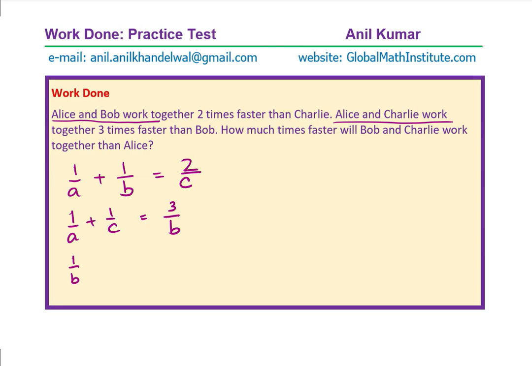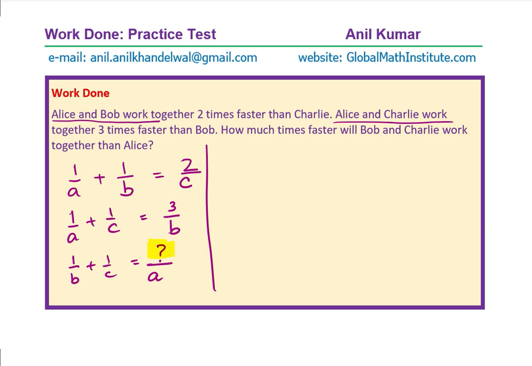So we really want to find what this expression is, right? So that is what we need to find. I hope you understand the question. So we have 2 equations which can help us find the value of 1 over B and 1 over C in terms of 1 over A. So we'll get what is required. Perfect.